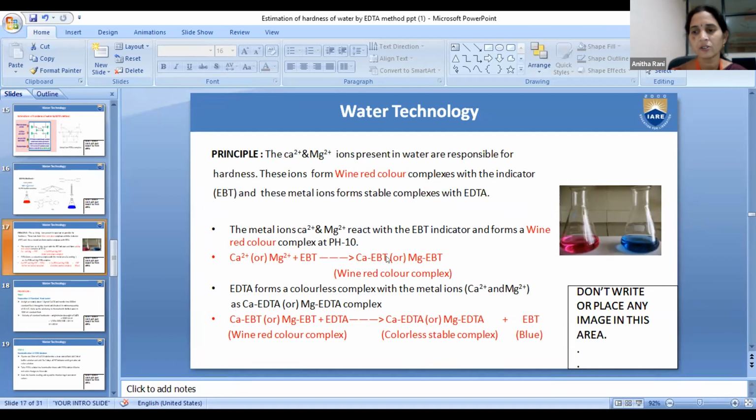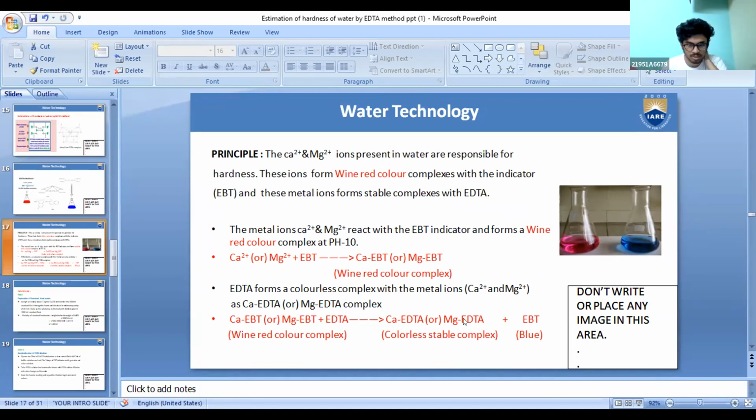So to that solution, what are you adding? EDTA. To this calcium EBT complex solution you are adding EDTA. Now EDTA is replacing what? EBT, yes or no? So now EDTA is reacting with either calcium or magnesium. What is it forming now?